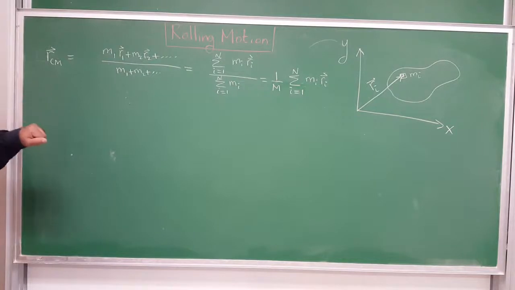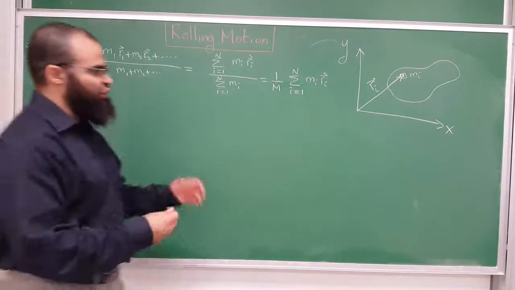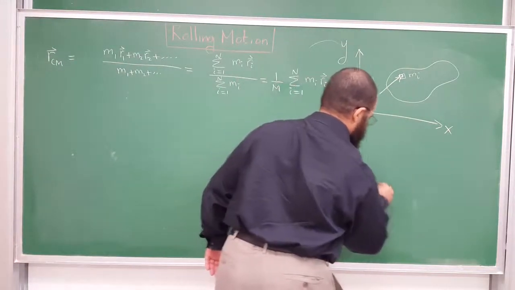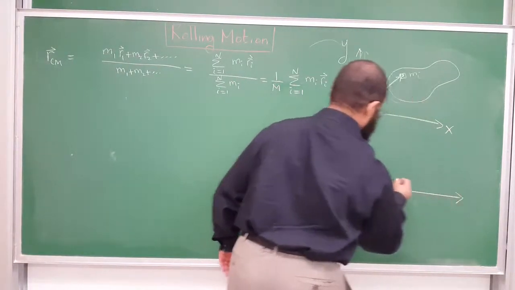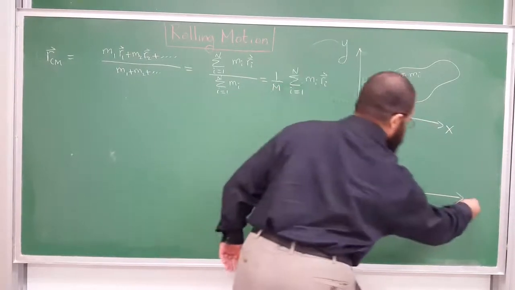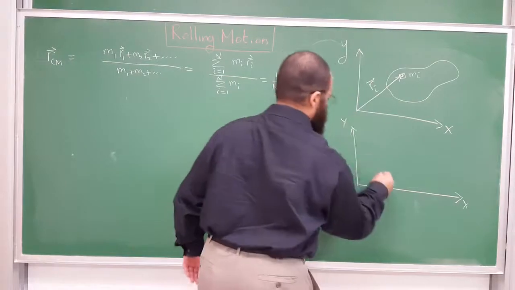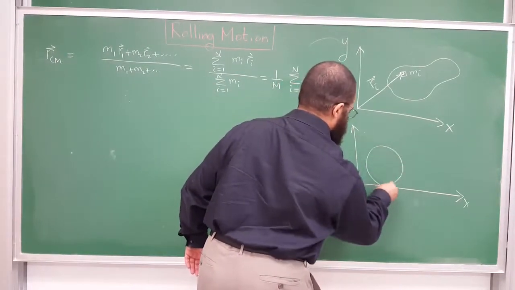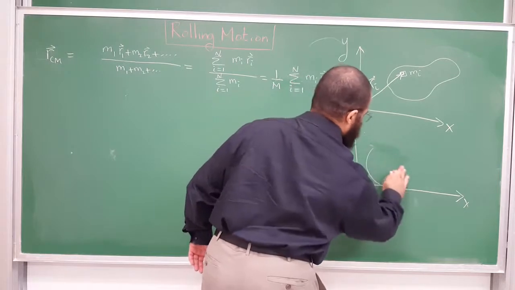Sounds good. I will refer to this in a moment. Now, let's say our object here is rolling. So here is my object, and this is x, this is y, and let me draw it a little bit farther.